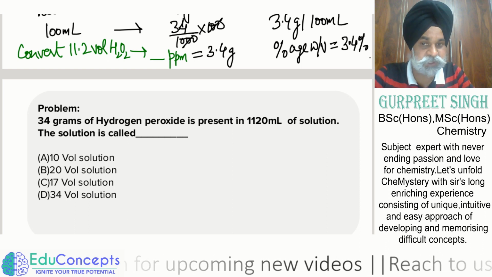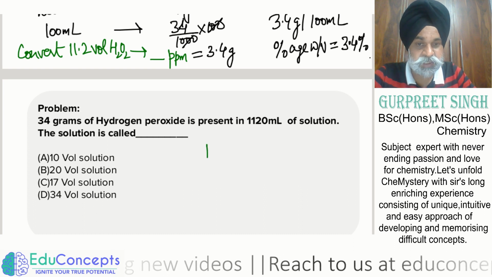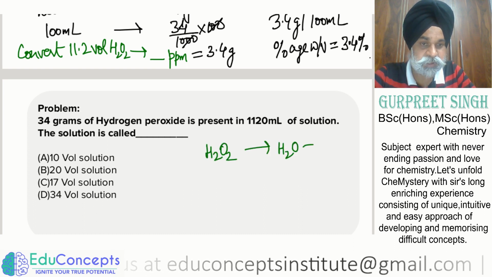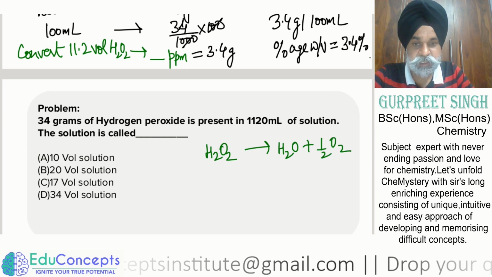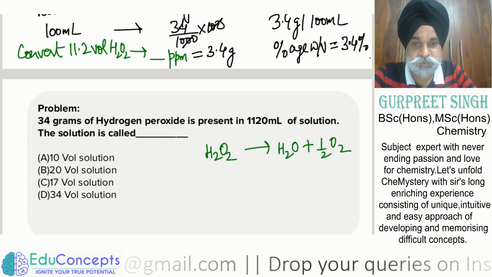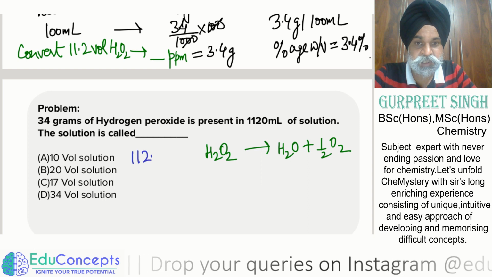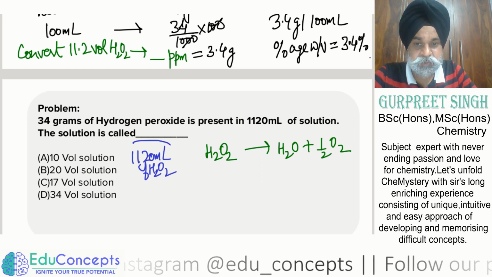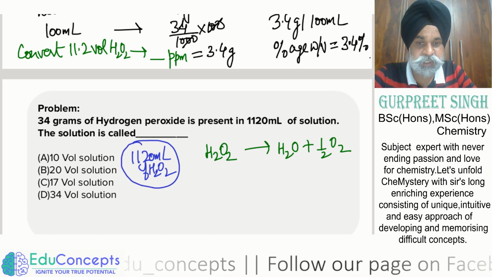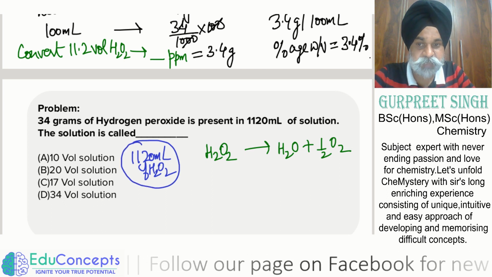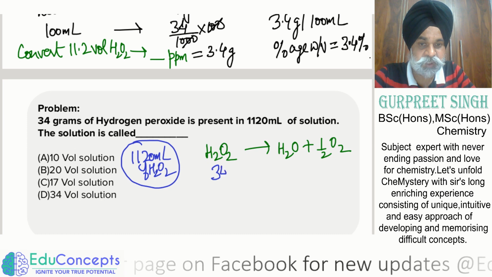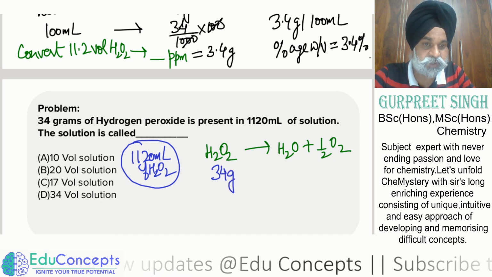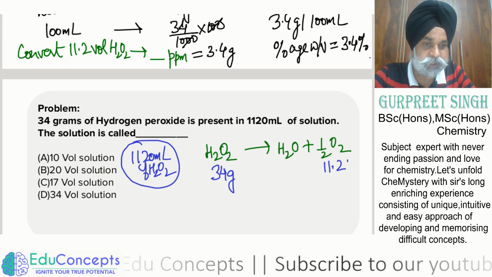Now the reverse question is being asked. You are being given something in. If I draw it like this, he is suggesting that you have a solution which is this much ml of H2O2, and in this much ml of H2O2 you are being provided 34 grams of H2O2. So we know for sure 34 gram on decomposition produces 11.2 liters.